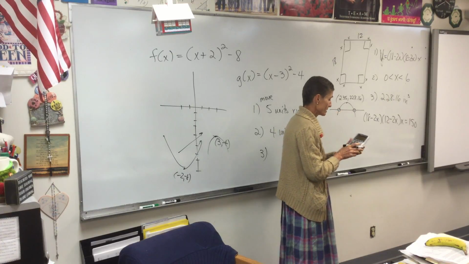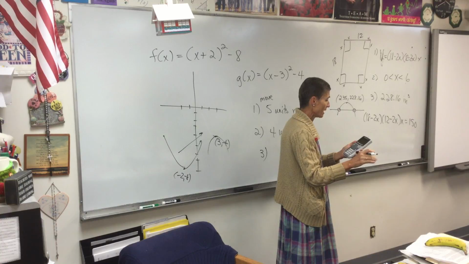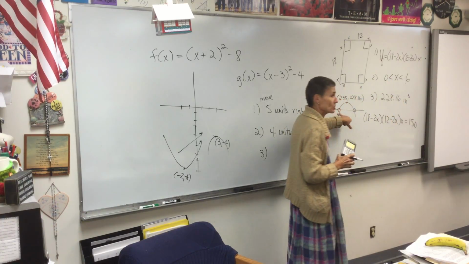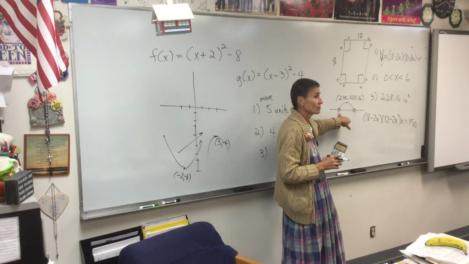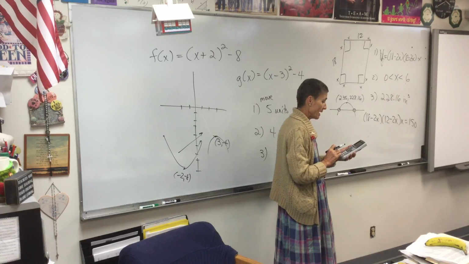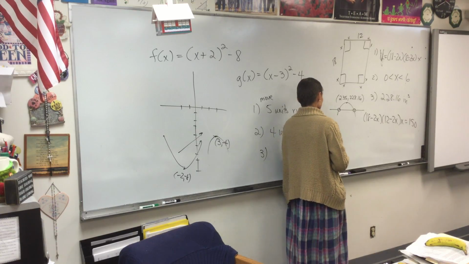To find where it crosses, you go back into second calc, just like you've done a million times, but now which option are you going to choose since you're looking for the point of intersection? You're going to go down to intersect, and it's going to ask you to set a left bound and a right bound.